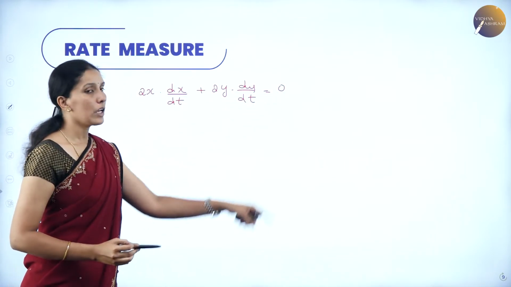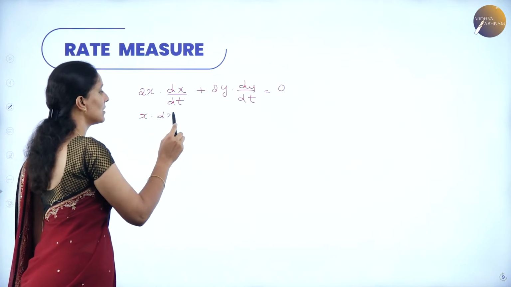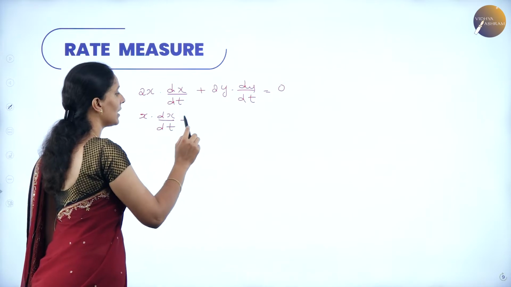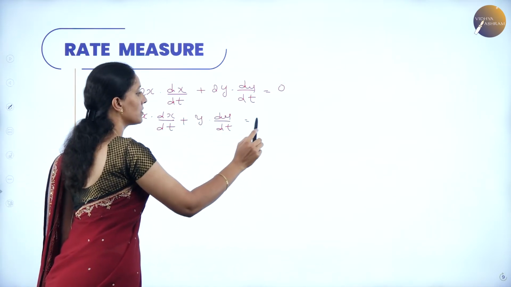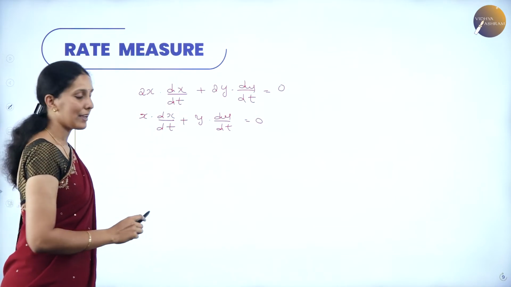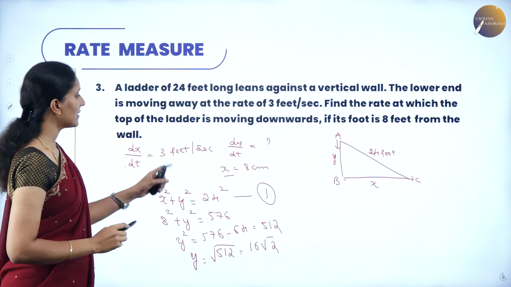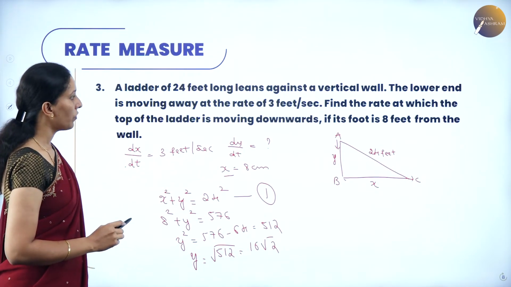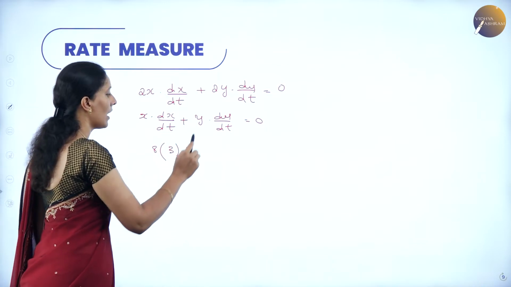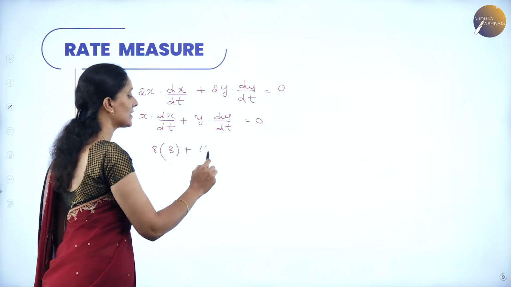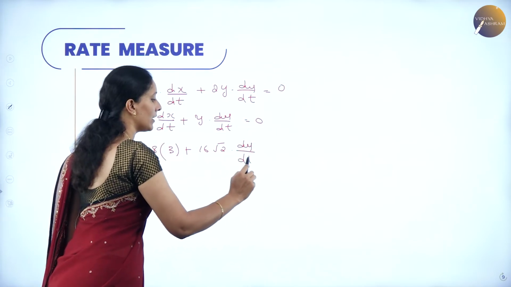When you divide the equation completely by 2, the 2 cancels, so it is x into dx by dt plus y into dy by dt is equal to 0. Now x we have as 8 centimeter, and dx by dt is given, that is 3 feet per second, and y we have got as 16 root 2. We need to calculate dy by dt.